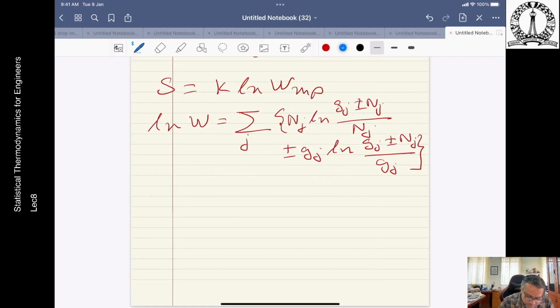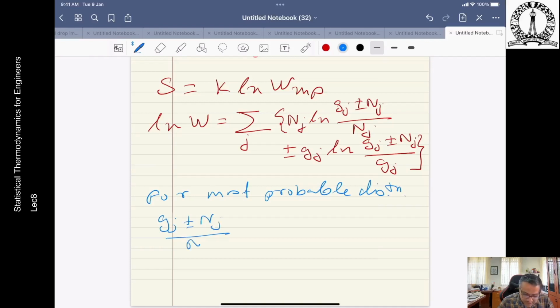So for the most probable distribution, (Gj ± Nj)/Nj, this we already know, is exponential of alpha plus beta Ej. Let's call this 1.